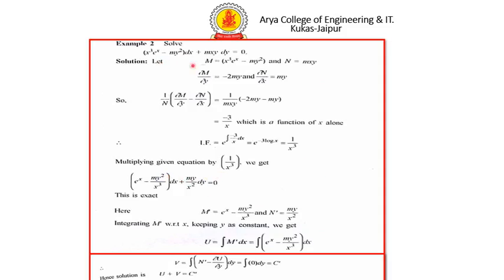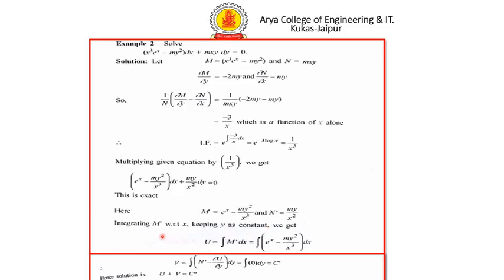Multiplying the given equation by the integrating factor, we get this equation, and we take the coefficient of dx as M dash and the coefficient of dy as N dash, and we check that del M dash upon del y equals del N dash upon del x.